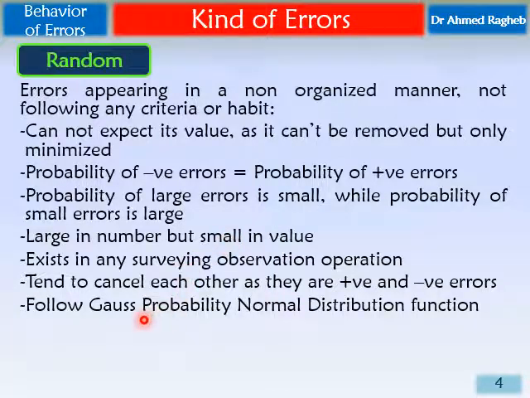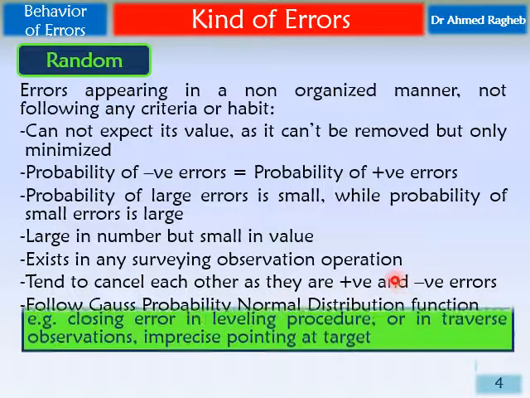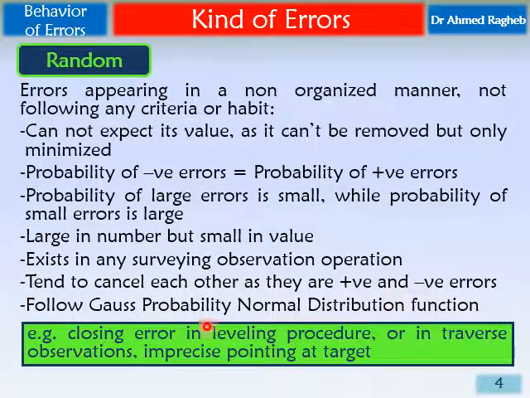And because of these criteria, they tend to cancel each other, and after a large number of variables and observations they should follow the Gauss probability distribution function. Example for that is if you have a closing error in the leveling procedure or in the traverse observation. These are some examples of the random errors.